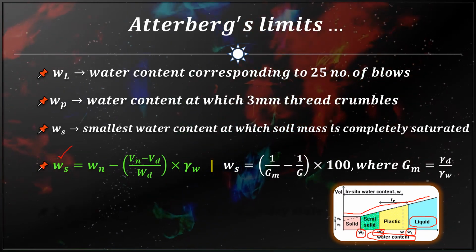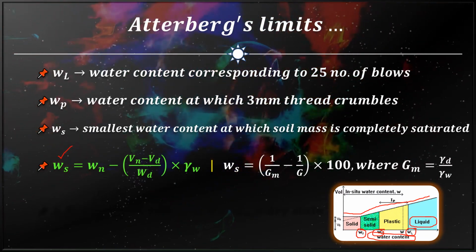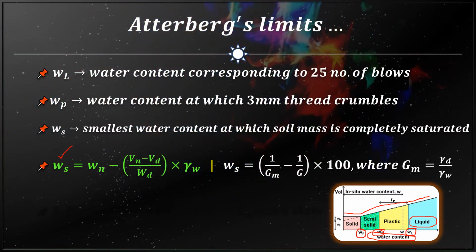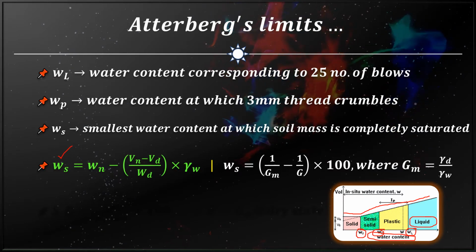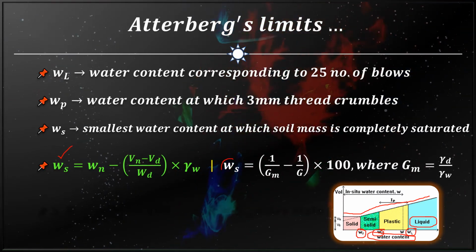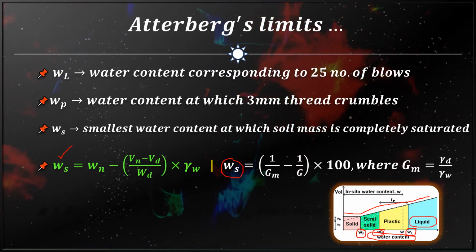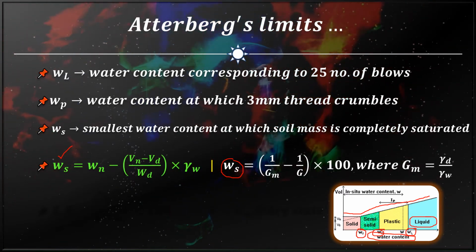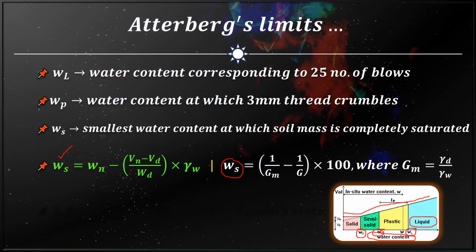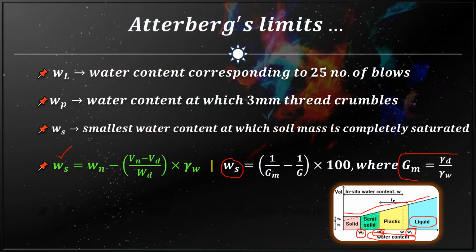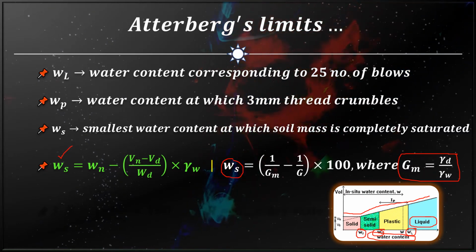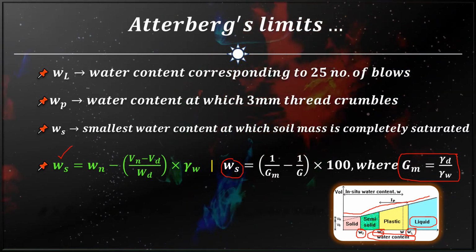And by knowing Gm and G, that is the apparent specific gravity and the specific gravity of soil solids, we can get the answer for Ws. So Ws is equal to (1 by Gm minus 1 by G) into 100. And Gm is nothing but gamma D by gamma W, that is the apparent specific gravity in terms of dry soil.